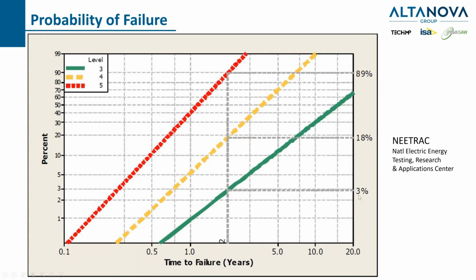So if you have a level 3, that doesn't represent a problem as long as it stays a level 3. Once you get to 4 or 5, the probability of failure increases. The probability for level 4 is 18% after 2 years, and level 5 is 89%. So if you have a level 5, you're going to want to take some action on it right away.